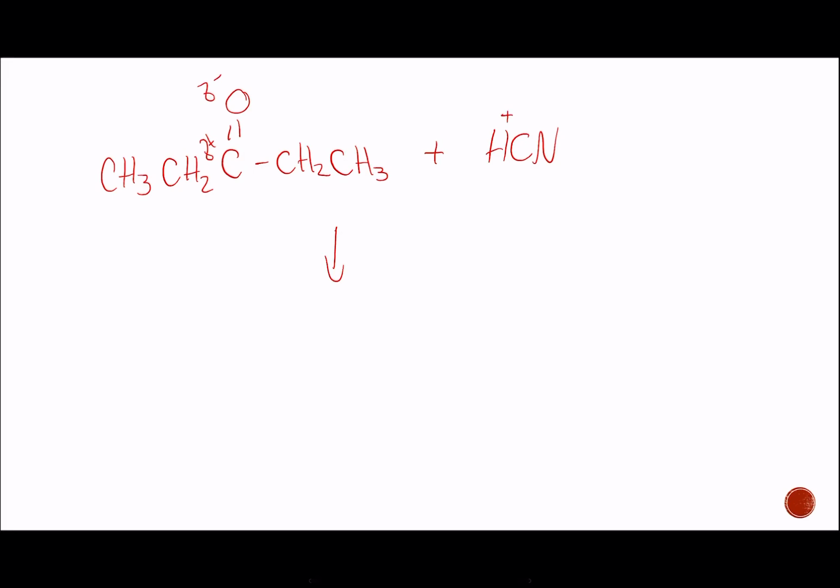So if you have H plus and you have CN minus, recognize that those 2 electrons, and you don't have to write the H plus next door, because if it's an acid, the H plus can be broken off, so you can write the cyanide by itself. You could also write it like this.